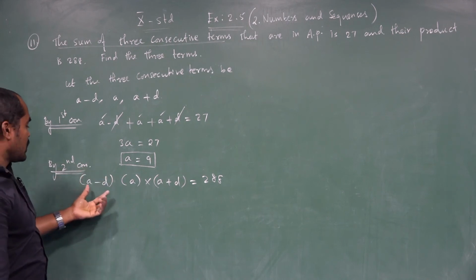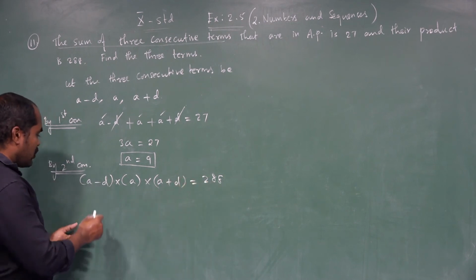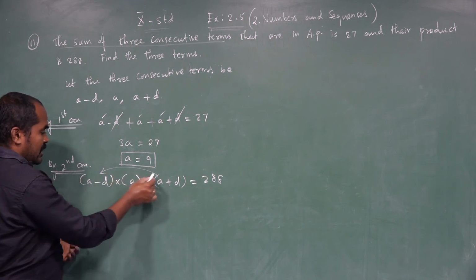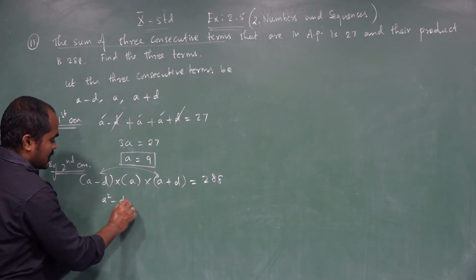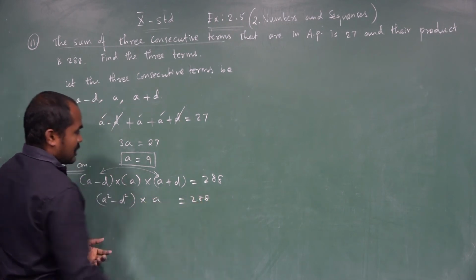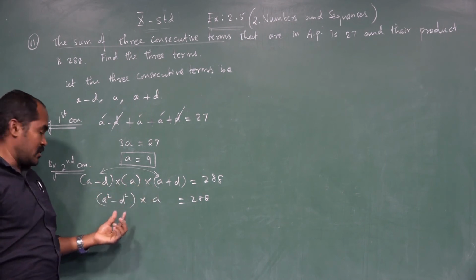You know the algebraic identity: A plus B into A minus B is A square minus B square.